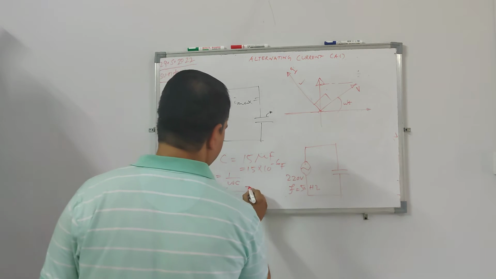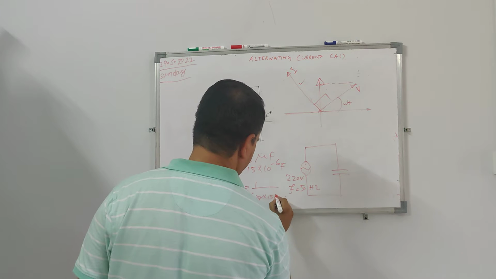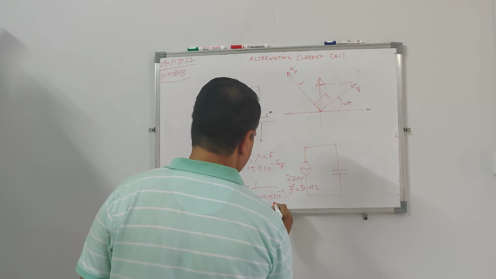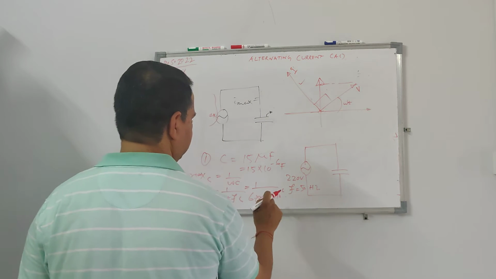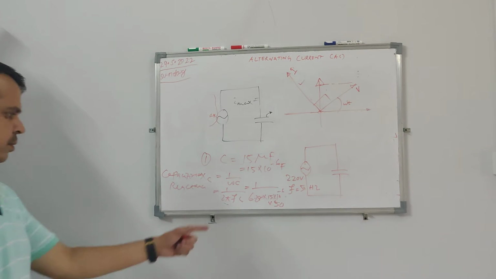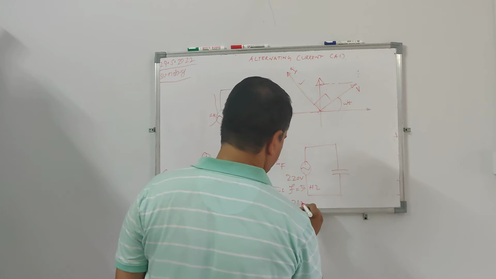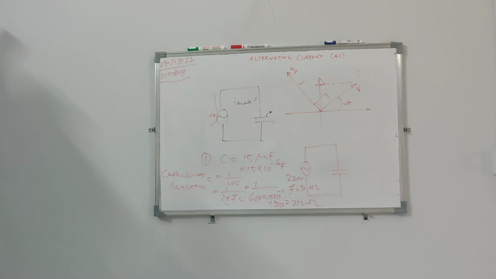So this becomes 1 by 6.28 into 15 into 10 to the power minus 6, with frequency 50. If you solve it, the answer is 212 ohm. This is your capacitive reactance.